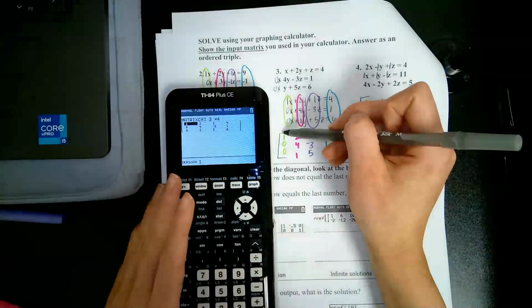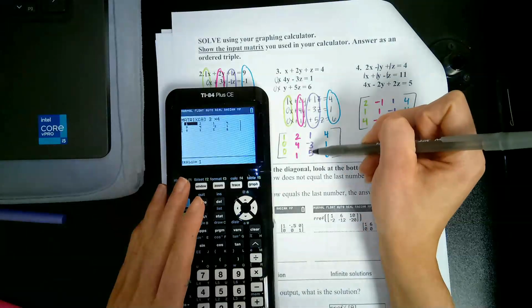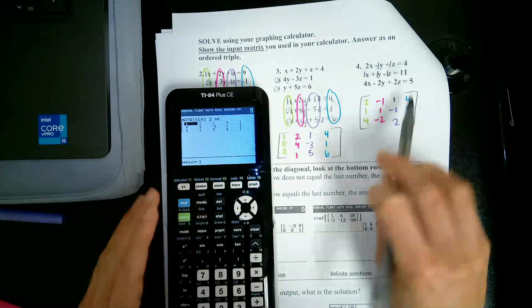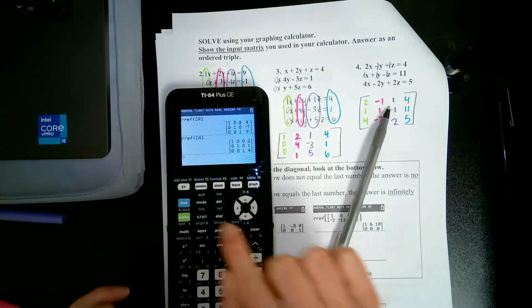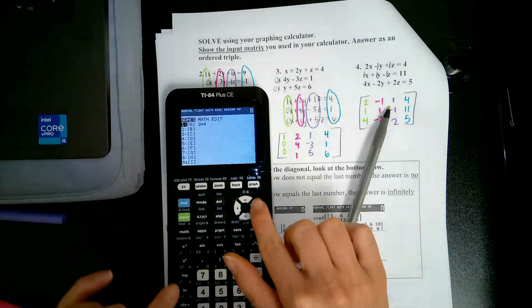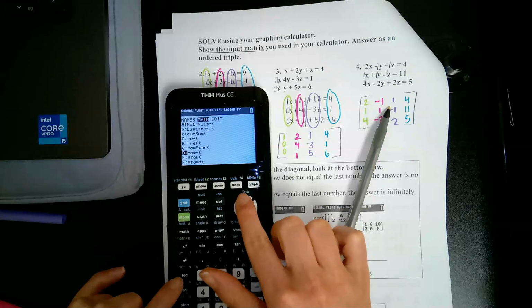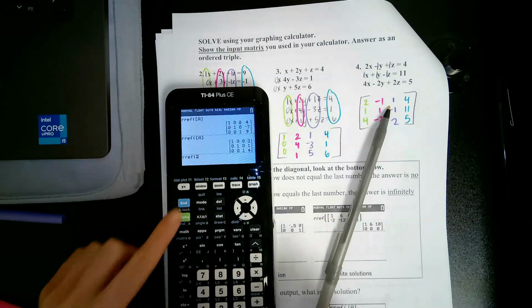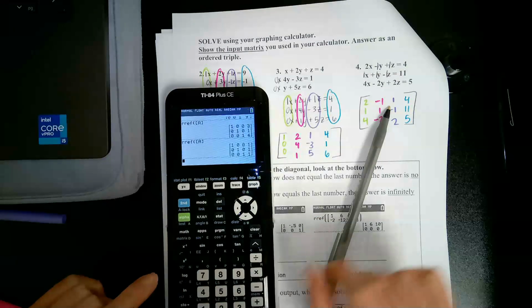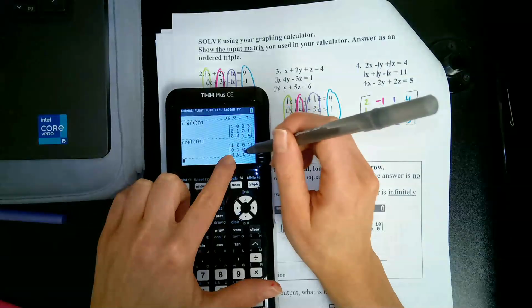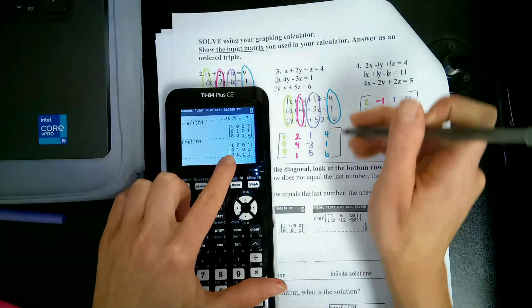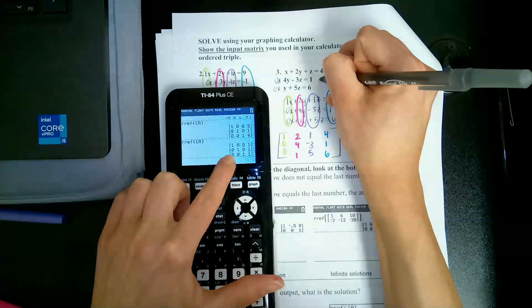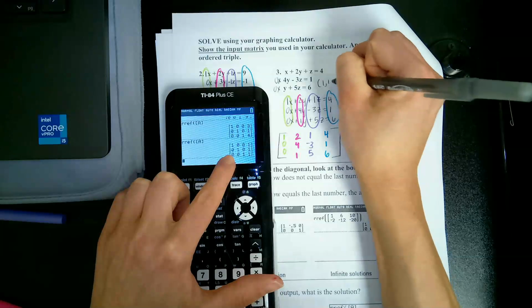Do a quick scan, 1, 0, 0, 2, 4, 1, 1, negative 3, 5, 4, 1, 6. Second quit, second matrix, math, scroll up to the RREF, second matrix A. And so I see 1s on the diagonal and then 1s for all my answers. And so the ordered triple here would be 1, 1, 1.